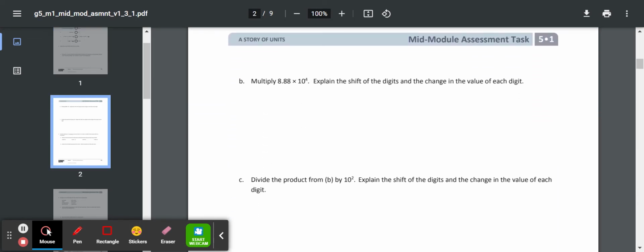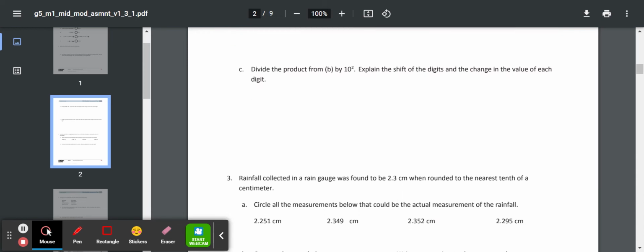On the second page, B says multiply 8.88 times 10 to the power of 4. Explain the shift of the digits and the change in the value of each digit. C says divide the product from B by 10 to the power of 2.